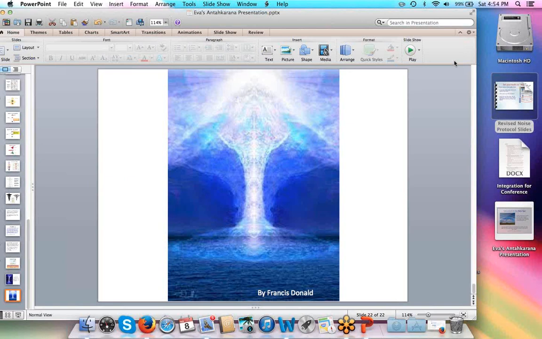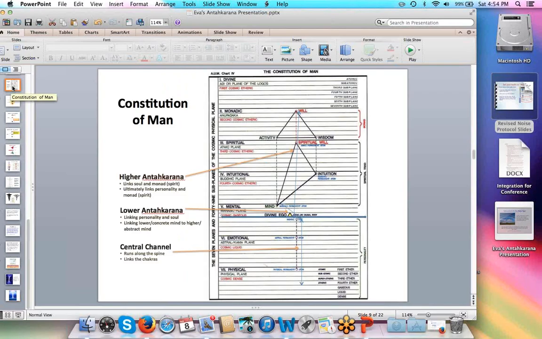Another way of looking at it is that if we remember that line that Eva had on one of her charts between the fourth subplane and the fifth subplane of the mental plane, that represents a break in consciousness. It's not just a break in consciousness for us as individuals, but for all humanity. As we bridge and build our Antahkarana, we are opening up those higher realms for all of humanity.